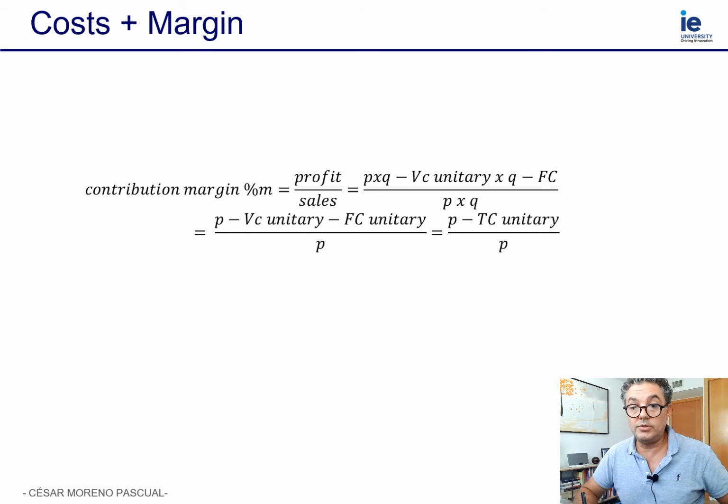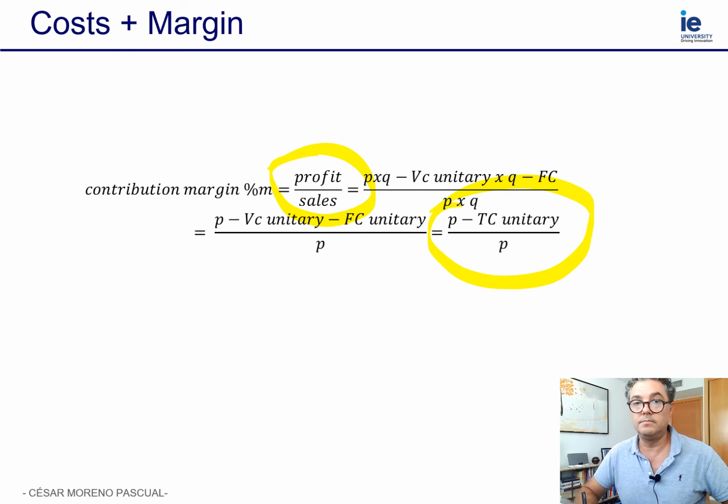It's very common to use profit over sales. If you make these quite simple calculations, you are going to conclude that it is exactly the same as the contribution margin over the price. So when you are using profit over sales, you are really using exactly the same as the unitary criteria to calculate what is called the contribution margin.